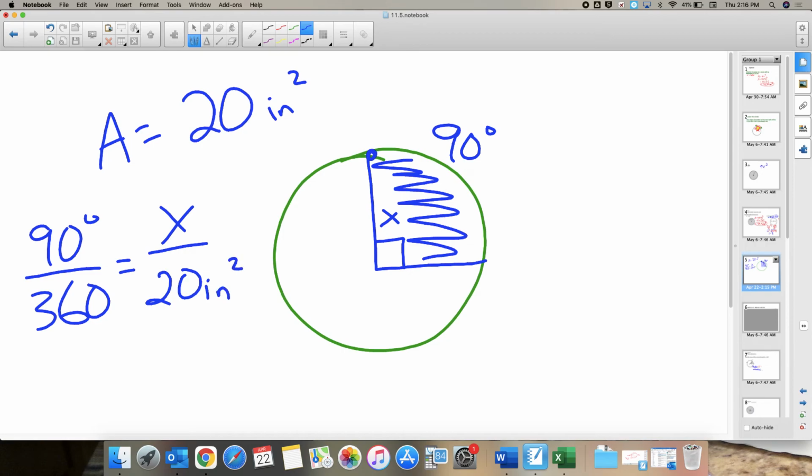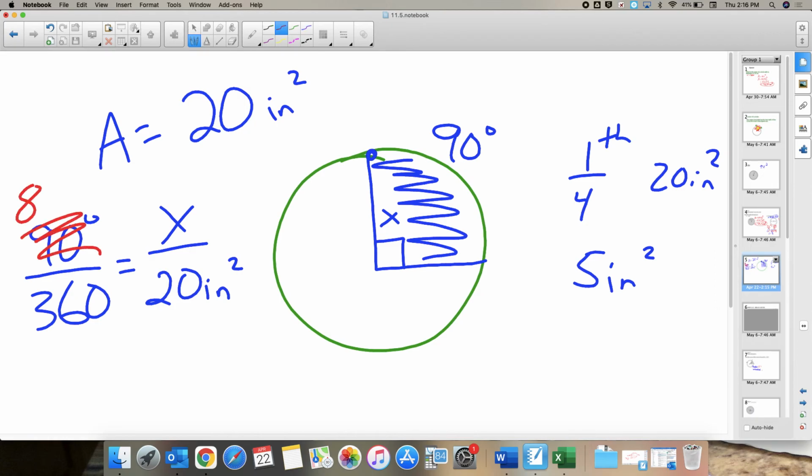Now, here I know 1/4 of my 20 inches squared is just going to be 5 inches squared. But if I end up with numbers that aren't nice anymore, maybe I want 81 degrees out of my 360. That's when you're going to have this equation or this proportion to set up.